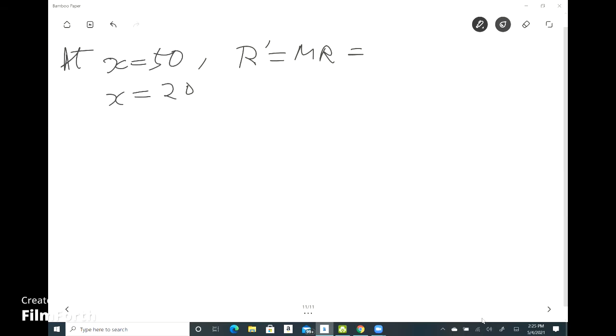Okay. So at 50, 10 point what was it? 02. When x equal to 20, R prime equal to 10.12. Okay, alright.